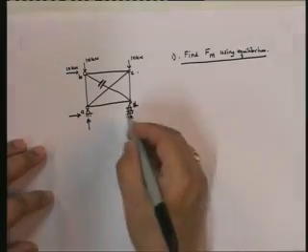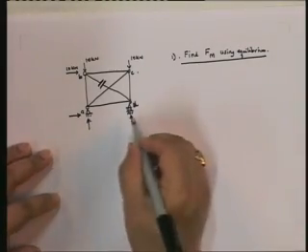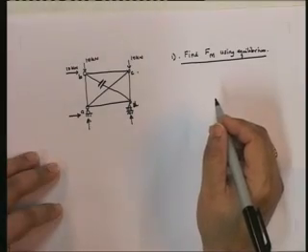I'll leave it up to you to write down the equations, because by now you will already have taken a course in basic structural analysis, and finding out forces in trusses, beams and frames are things that you are expected to know.